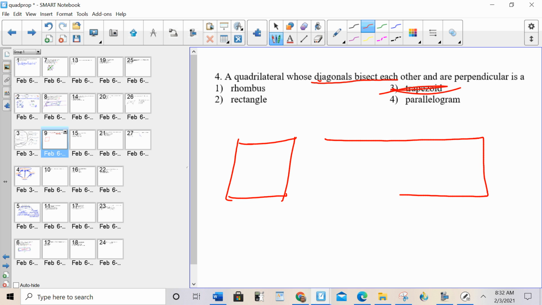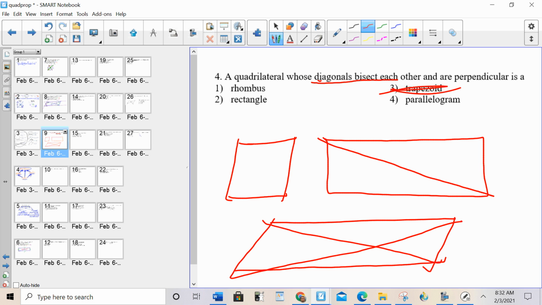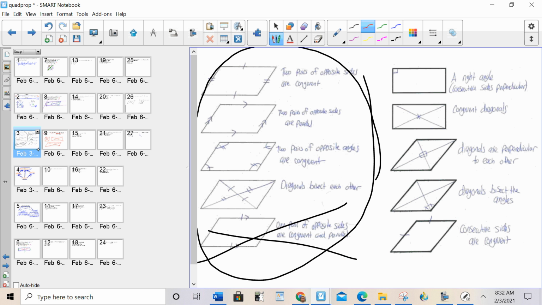Again, I'm going to draw it really long and skinny. That way I can more clearly see the properties. Diagonals perpendicular. Those look good. These are definitely not perpendicular. These are definitely not perpendicular. It's got to be a rhombus. And again, if you refer back to this right here, you have that property right there. That's your rhombus.